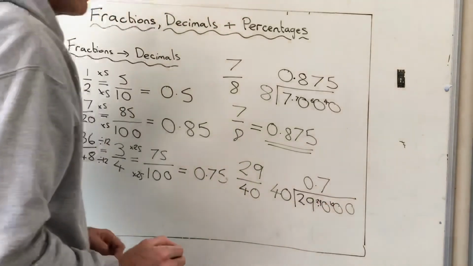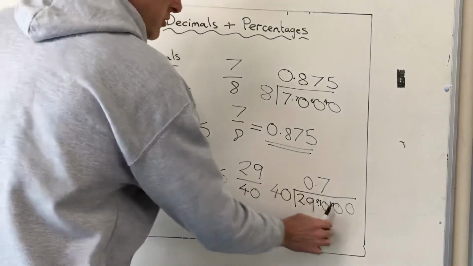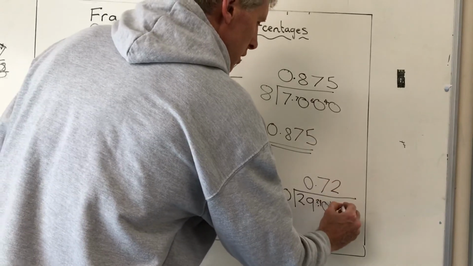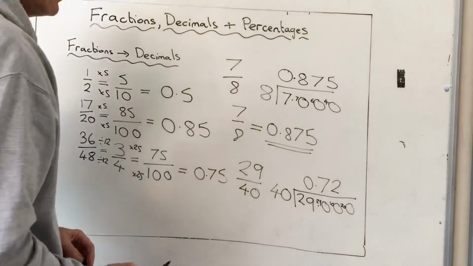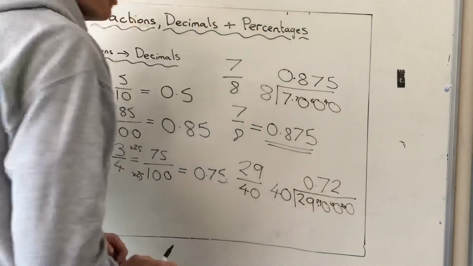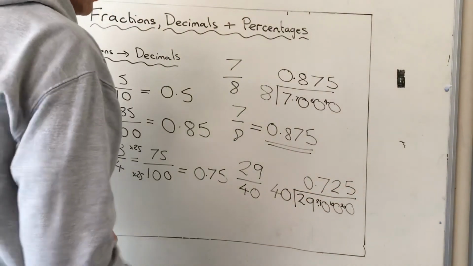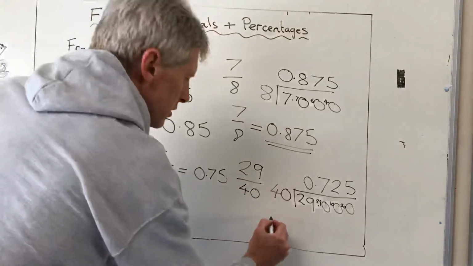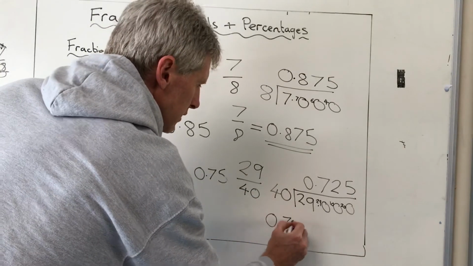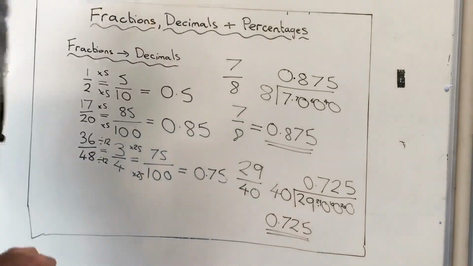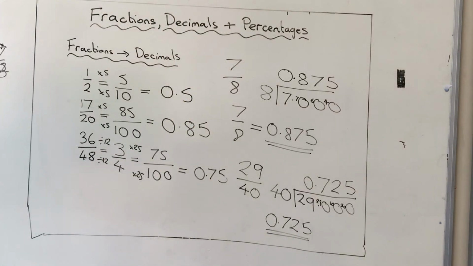We've got 10 left over. How many 40s in 100? 2. And we've got 20 left over. How many 40s in 200? 5. So 29/40 as a decimal equivalent is 0.725.